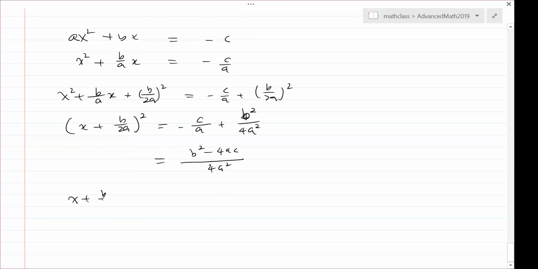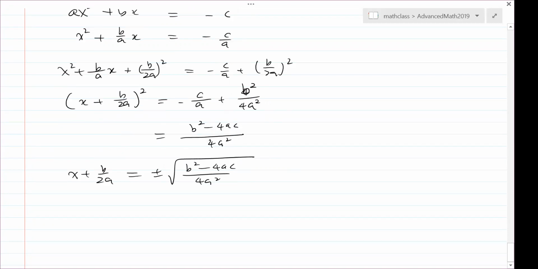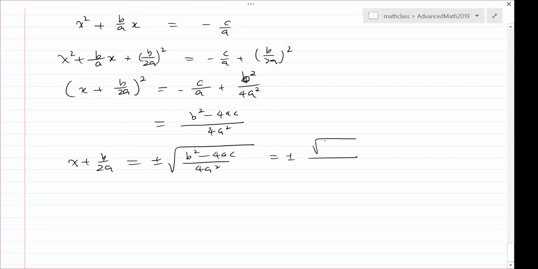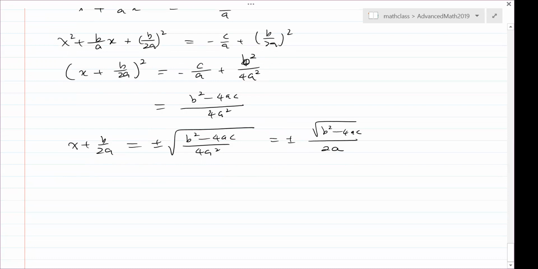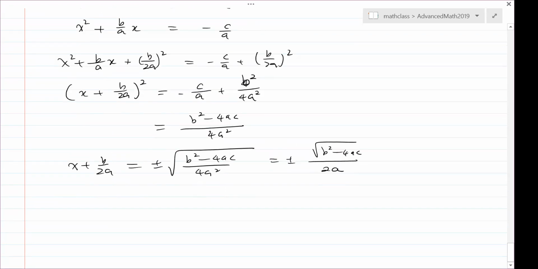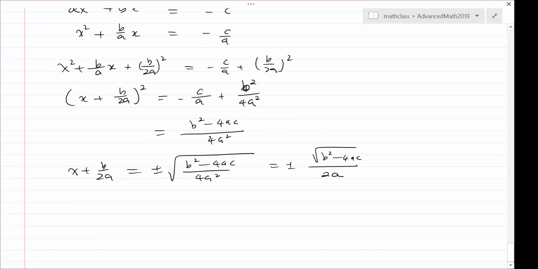So then the real root is going to be plus or minus the square root of b squared minus 4ac divided by 4a squared. So this is how we get the quadratic formula. If you move b over 2a to the right-hand side, that's what you got. All right, and then you can use that to get the standard form also.